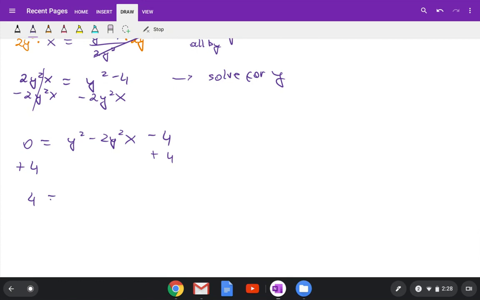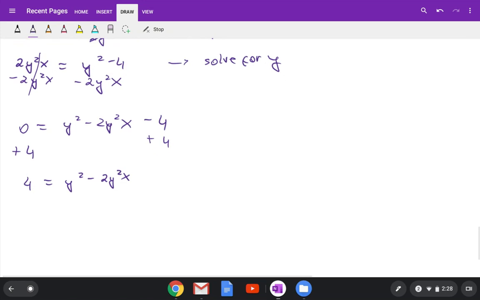So we have 4 equals y squared minus 2y squared x. And isolate y squared. That will give us, factor out y squared. So that will give you 1 minus 2x.